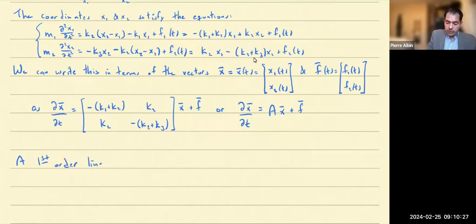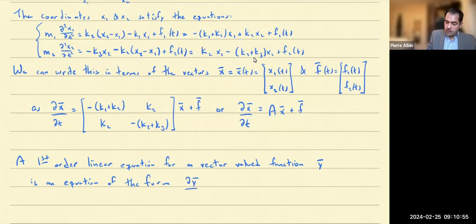A first order linear equation for a vector valued function y bar is an equation of the form dy bar/dt is equal to a matrix A, which can depend on t, times y bar plus a forcing term f bar, which also depends on t.